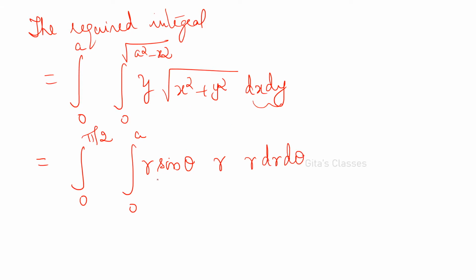So r sin theta is for y, root of r squared is for root of x squared plus y squared, and r dr d theta is the Jacobian, since dx dy is equal to Jacobian into dr d theta. That's why we have written it like this.